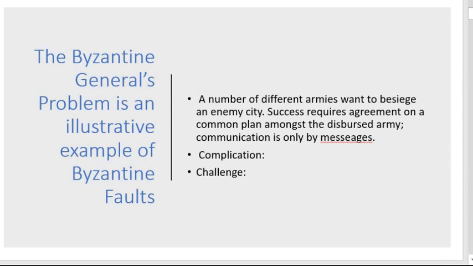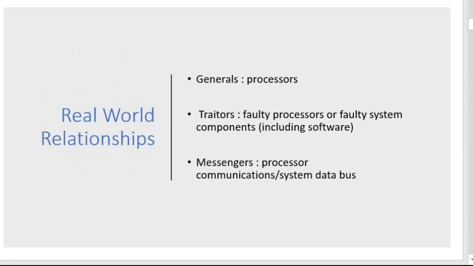And what is meant by challenge? Overcoming this complication is itself a challenge. We need to find an algorithm that ensures the armies come to an agreement and attack at the same time. We will see the algorithm in the coming slides.